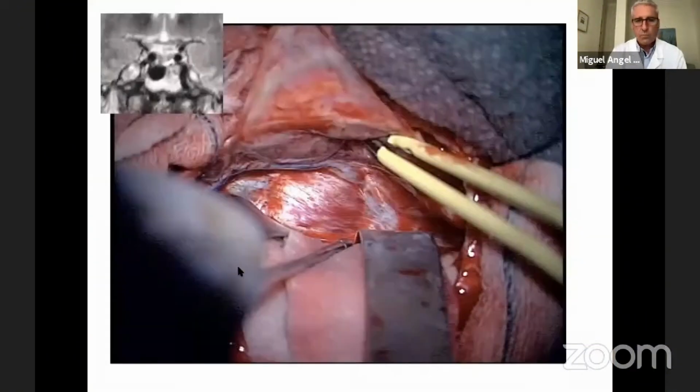And you can see the sphenobasal and temporal veins, and you can imagine what happens in the extradural approach: a lot of bleeding.